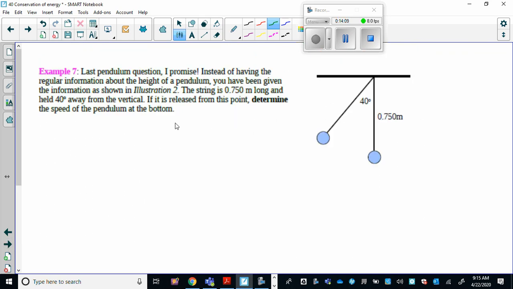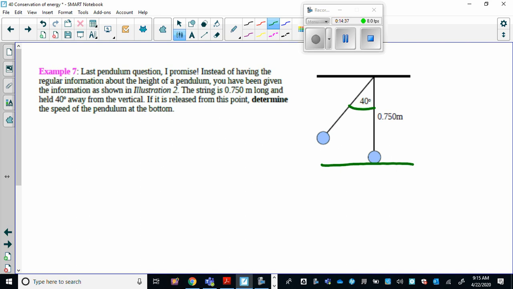Here it is. This is a great question because it doesn't give you the height, but it makes you think about physics and math and geometry and trigonometry. In this example, we're given this angle. We're given the length of the pendulum, and we're going to determine the speed at the bottom.